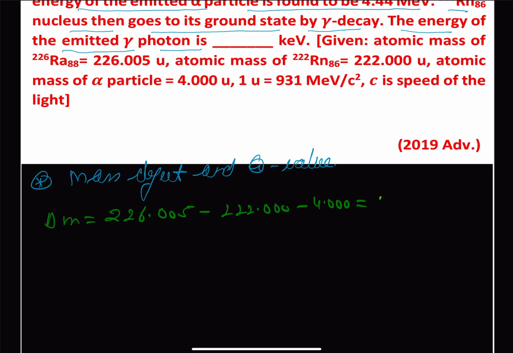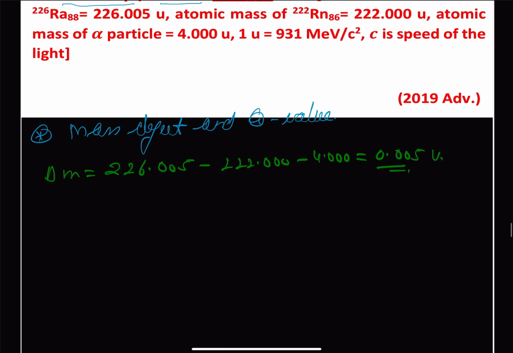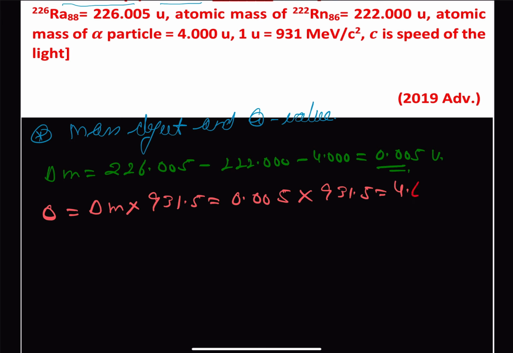This gives us 0.005 U, and from here we can find out the Q value. That is, our Q will be equal to mass defect multiplied by 931.5. This gives us 0.005 multiplied by 931.5, which gives us 4.6575 mega electron volt.